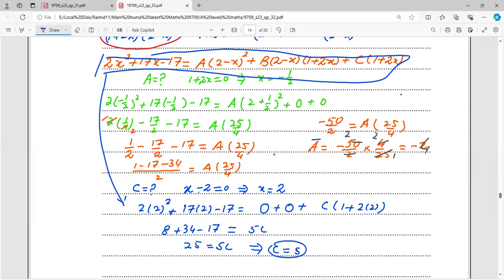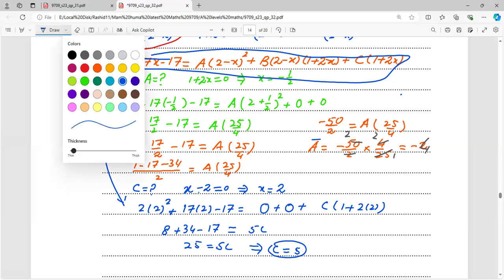Now, as I explained, this is an identity. The answer of A is already -4. The answer of C is 5. Now, to find the answer of B, you can use the above equation and put any other value of x which you like. I will change the color of the marker.